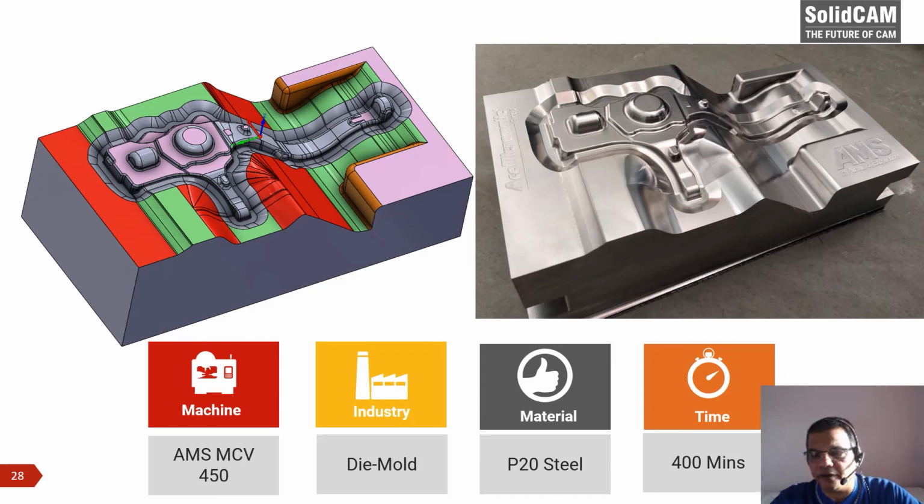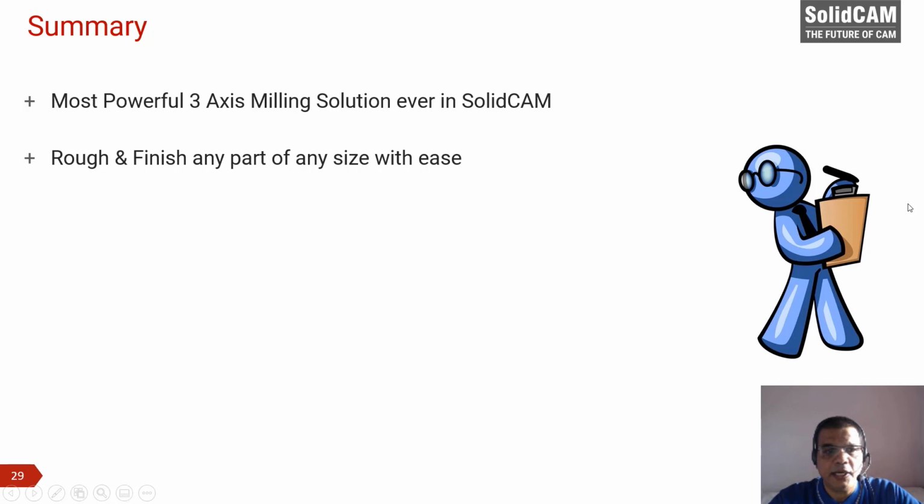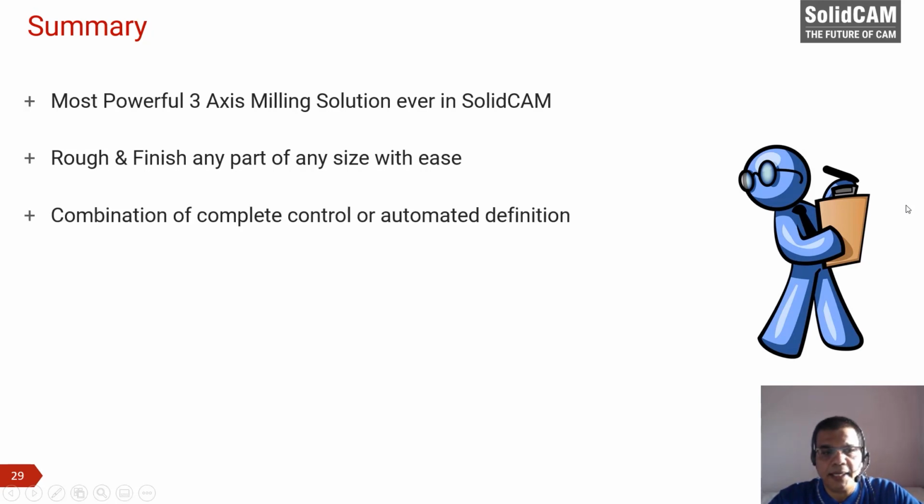So if you have to summarize now, we have a very powerful 3-axis milling solution now in SolidCAM 2021. You can rough and finish any part of any size with ease. A combination of complete control and automated definition of parameters are also available inside SolidCAM 2021 3-axis machining.